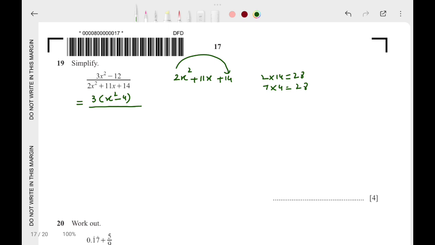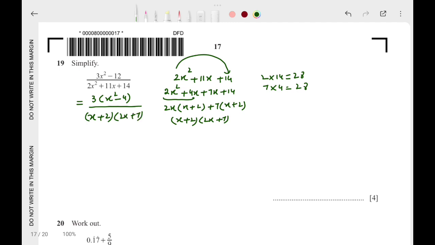So this would be the breaking of the middle term. 2x square plus 4x plus 7x plus 14. So 2x is common, 2x into x plus 2, plus 7 is common, x plus 2. So x plus 2 and 2x plus 7 would be the factorized form of this quadratic equation.